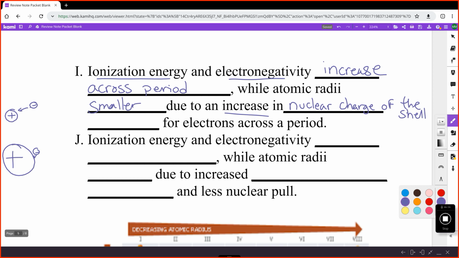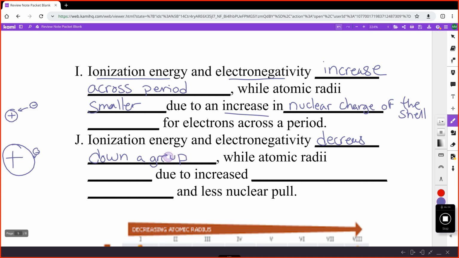Ionization energy and electronegativity decrease down a group.